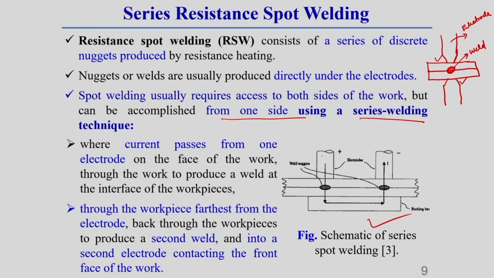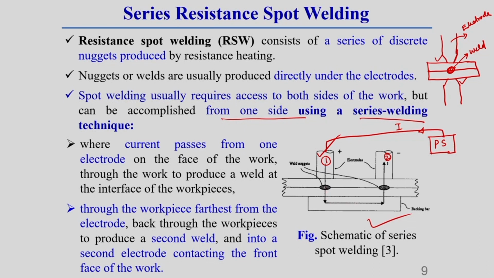Here you see, this is one electrode we are using, let this be electrode 1 and let this be electrode 2. Let this be the power source. From this power source, the current is passing through the cable to the electrode, then from the electrode to the workpiece.